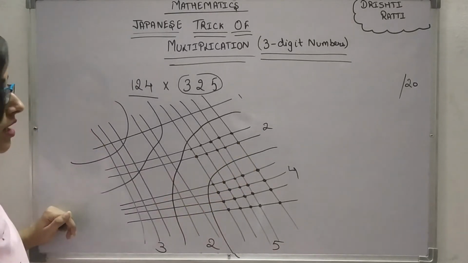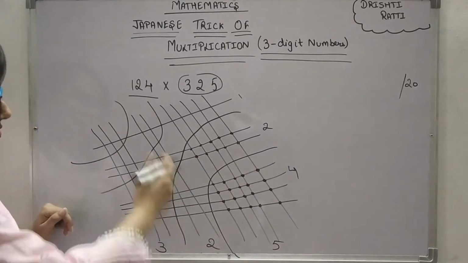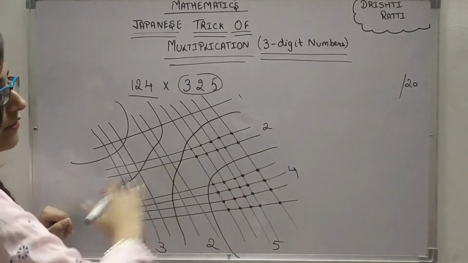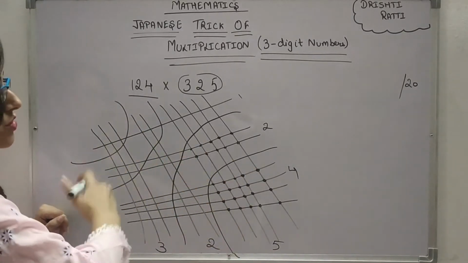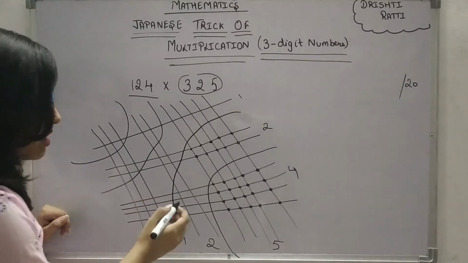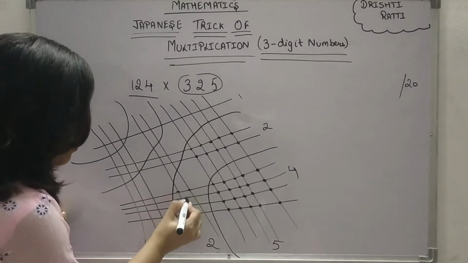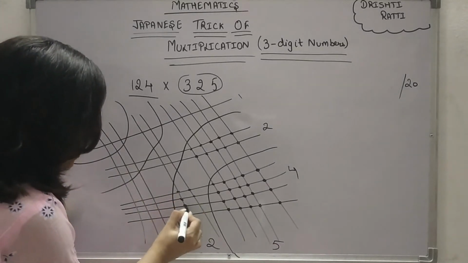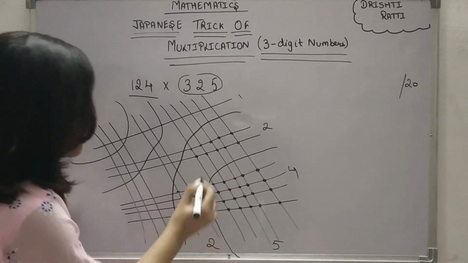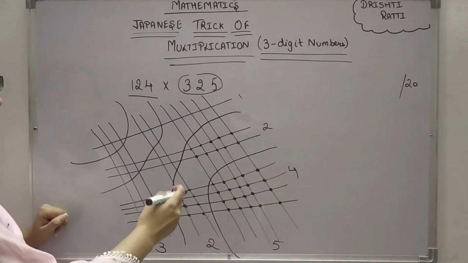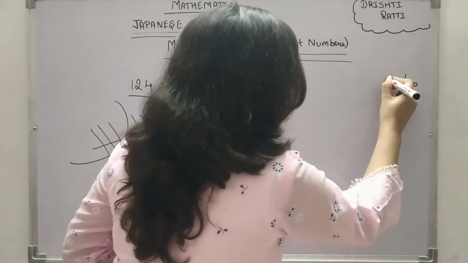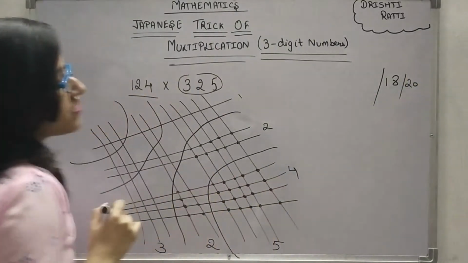Same thing over here: this is 2 lines over here and 4 lines this way. So 4 into 2 is 8. You can count also, that is 1, 2, 3, 4, 5, 6, 7 and 8. So it's 10 plus 8. It is 18. So write that number over here.